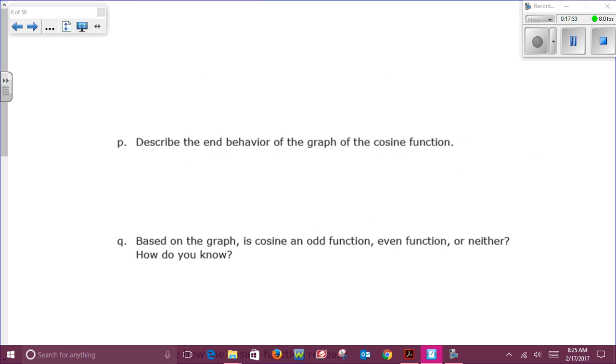Describe the end behavior of the graph of the cosine function. Well, it's kind of the same as the sine.